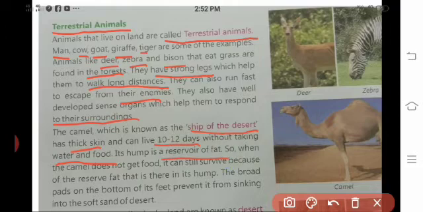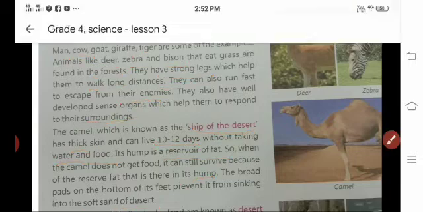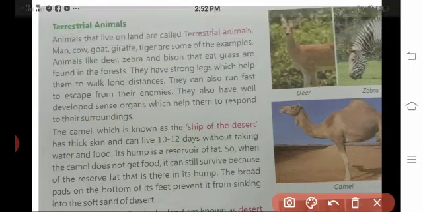So when the camel does not get food, it can still survive because of the reserve fat in its hump. The broad pads on the bottom of its feet prevent it from sinking into the soft sand of deserts. Okay, you can see here the camel, isn't it? Here deer and zebra.